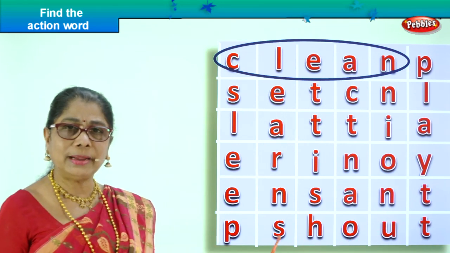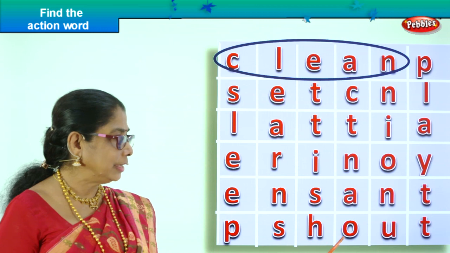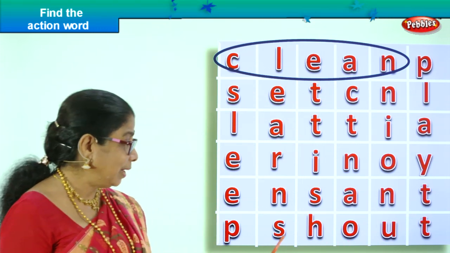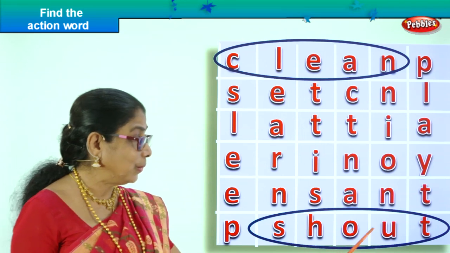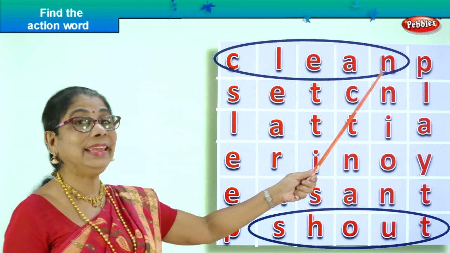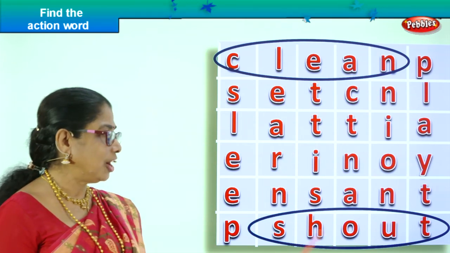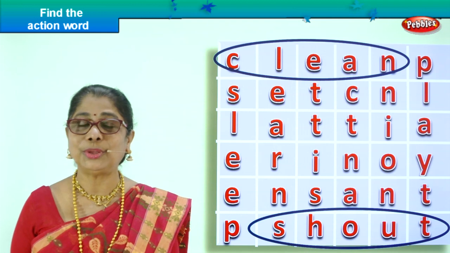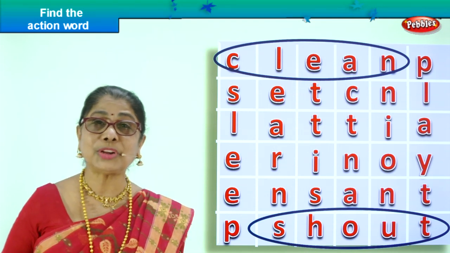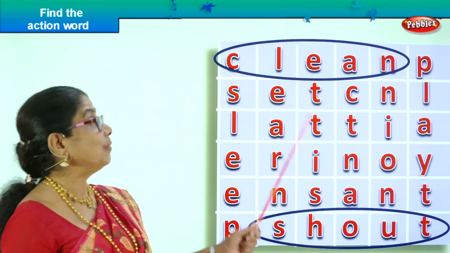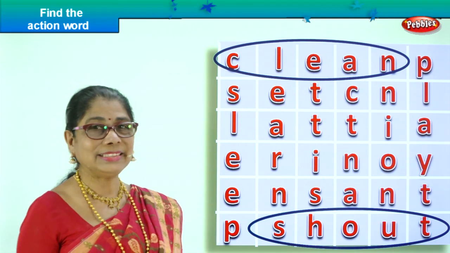Can you find any word here? S-H-O-U-T. Shout, yes. We found another word. Now look, we found clean, shout. When do you shout? You find your friend passing by, you shout and say, please come. Yes? So we found clean, shout.